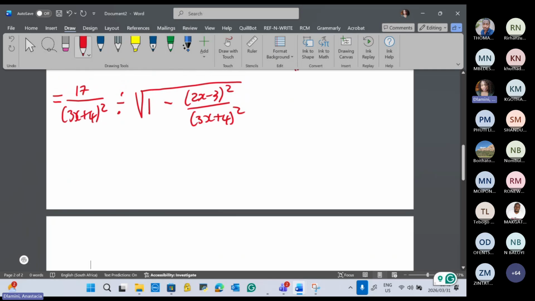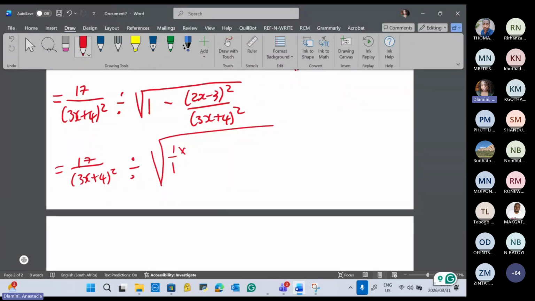So this will be equal to 17 over (3x plus 4) squared divided by the square root of, remember this is 1 over 1, times (3x plus 4) squared over (3x plus 4) squared minus (2x minus 3) squared over (3x plus 4) squared.